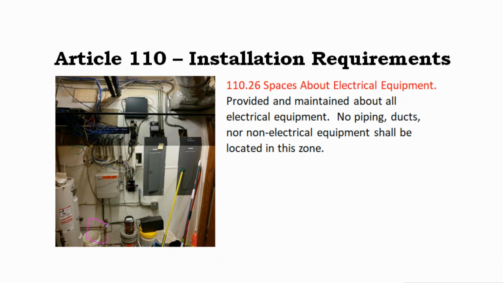You're not supposed to have gas lines and water lines running in front of your dedicated electrical space. Low voltage stuff, like your fiber optic, is usually different and not considered electrical like proper power lines.